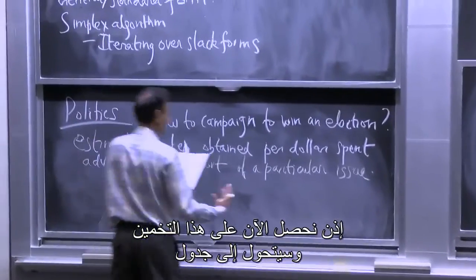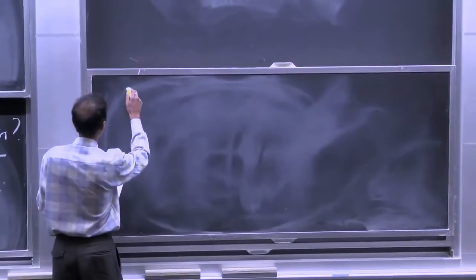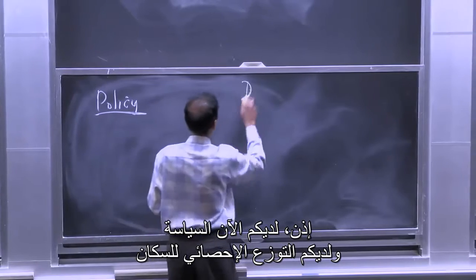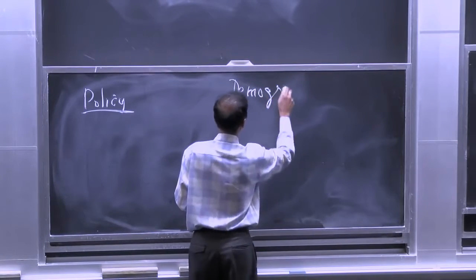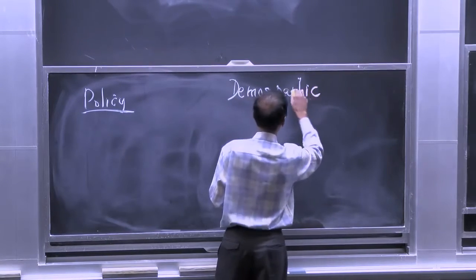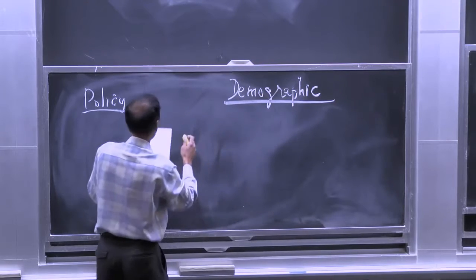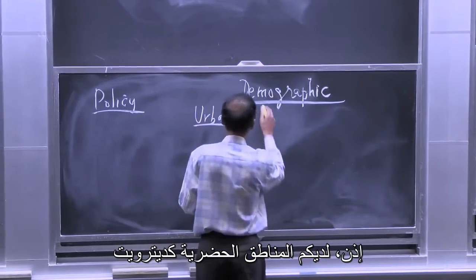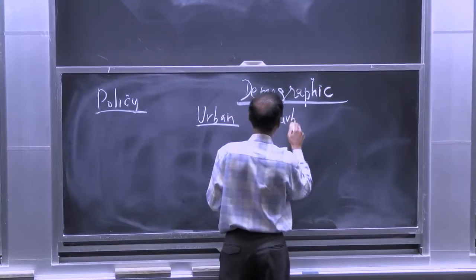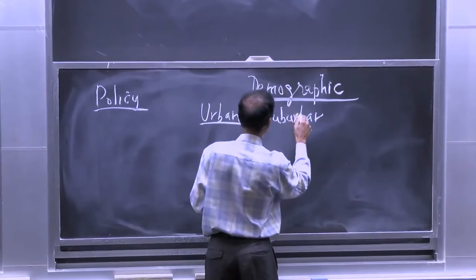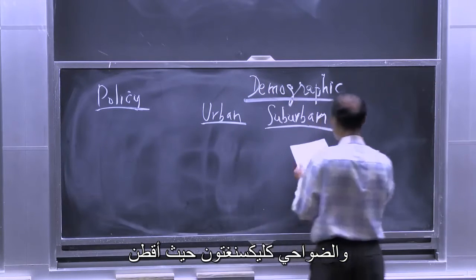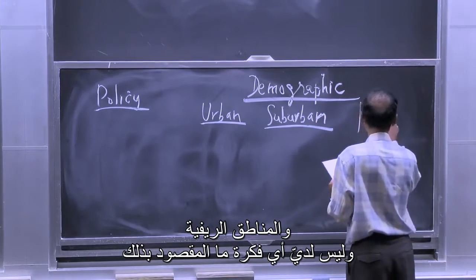So now we get this estimate, and it turns into a table. And so you have your policy, and you got your demographic. So you got urban. Now think Detroit, suburban. I guess you can think Lexington, where I live, and rural.